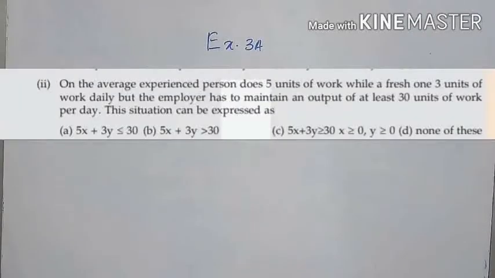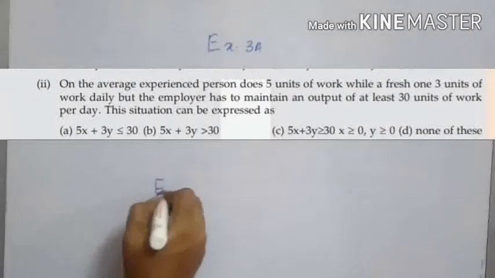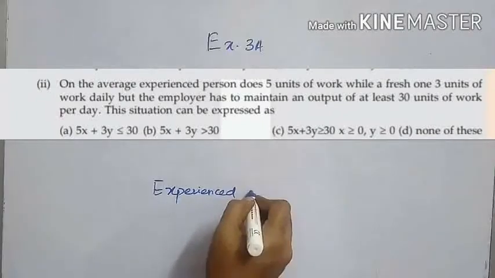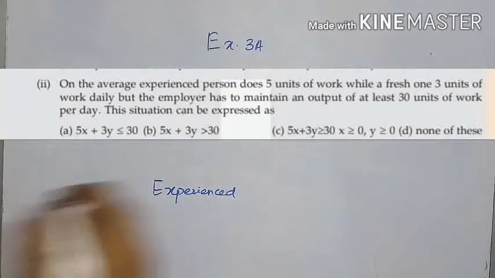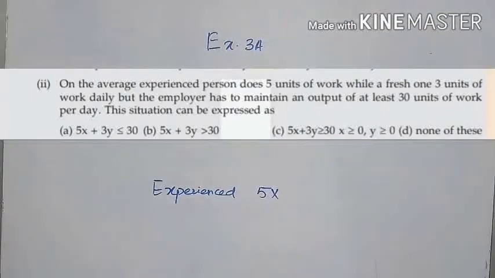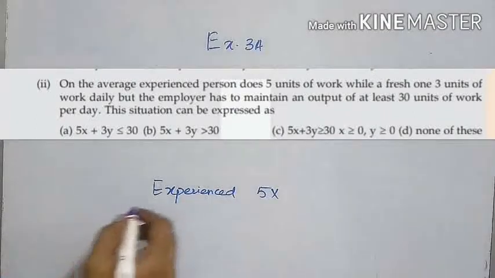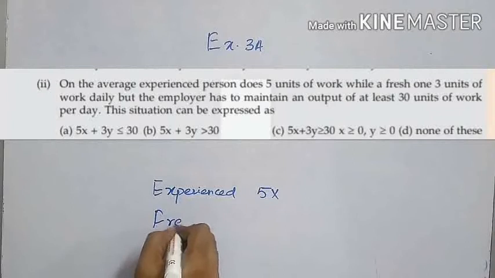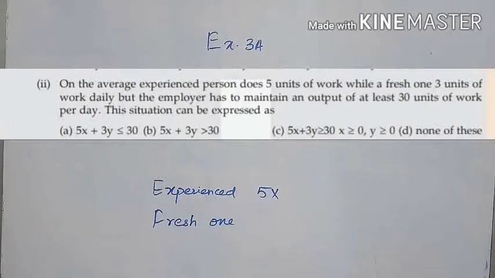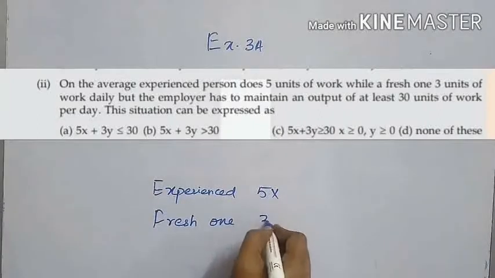The next question is, on the average experienced person does 5 units of work while a fresh one 3 units of work daily, but the employer has to maintain an output of at least 30 units of work per day. This situation can be expressed as. So here experienced is 5x and fresh workers is 3y.